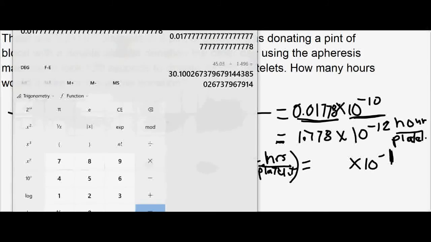And I'm forgetting something. Hopefully you figured out what I'm forgetting. I'm going to take this number, and actually that's not the right number. So I have 1.7777, a bunch of sevens, and then 8 times 10.